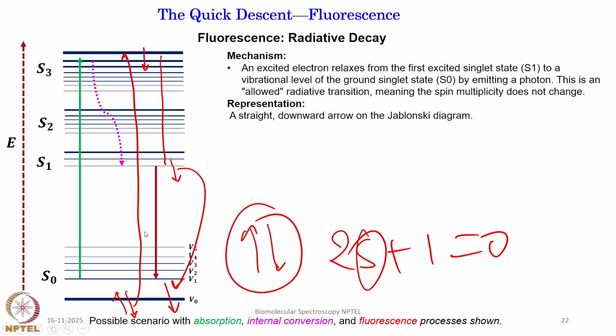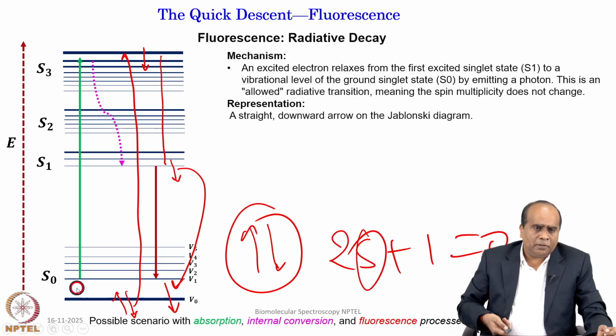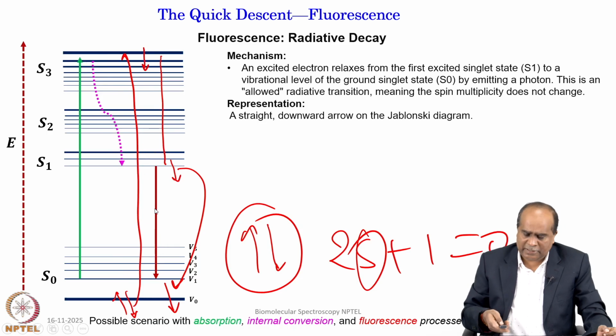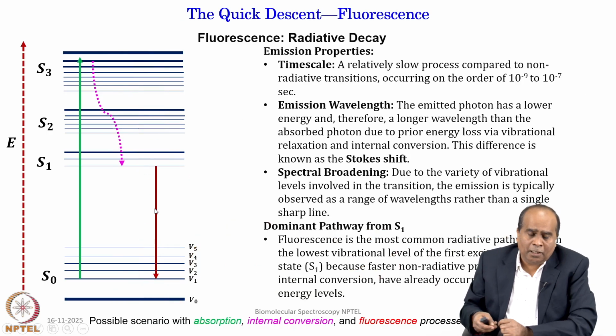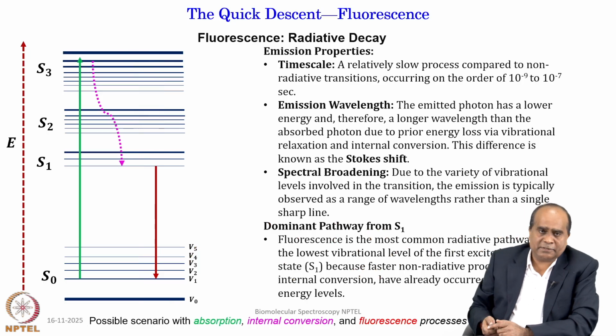So, to sum up what we have discussed till now: absorption going up, internal conversion by non-radiative process coming here or here, a vibronic relaxation, and finally one radiative process coming from S1 to S0, called fluorescence. So, what is the time scale? Fluorescence is a radiative decay.